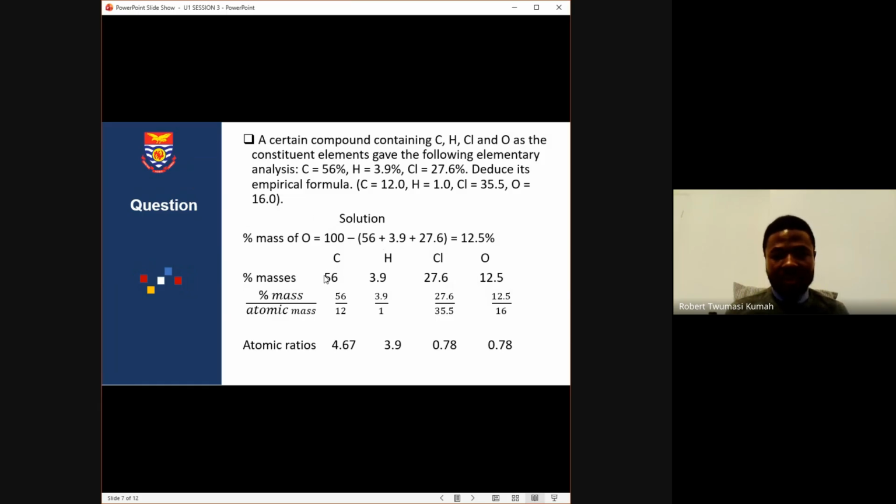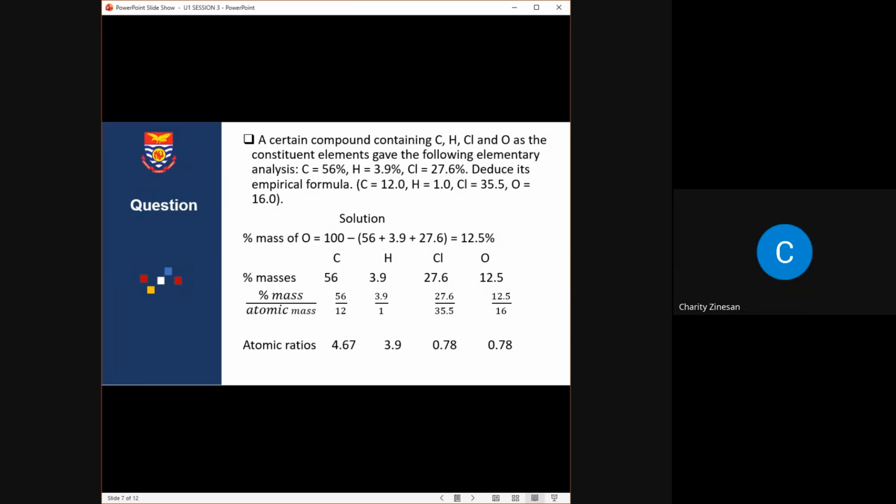These ones, like I told you, are masses that have been converted into percentages. So in some cases, you just use the masses straight away instead of converting into percentage before you come in. Yes, Charity. Sir, please, if a question is given, will the percentages be given as in this question, or is it not always usual?